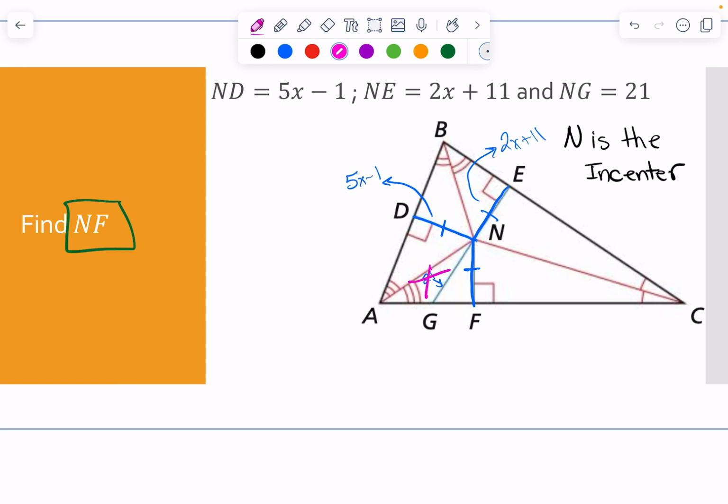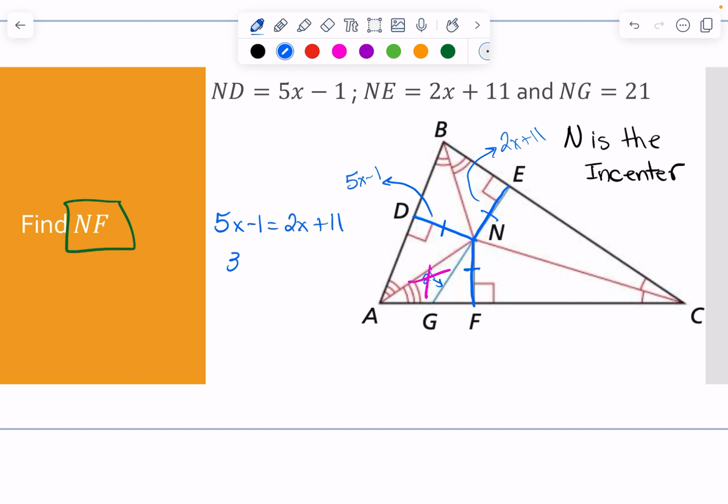The 21 has nothing to do with that distance from the incenter perpendicular to the other side. But I do notice that if I take ND and set it equal to NE, I should be able to find x. So 5x minus 1 equals 2x plus 11.